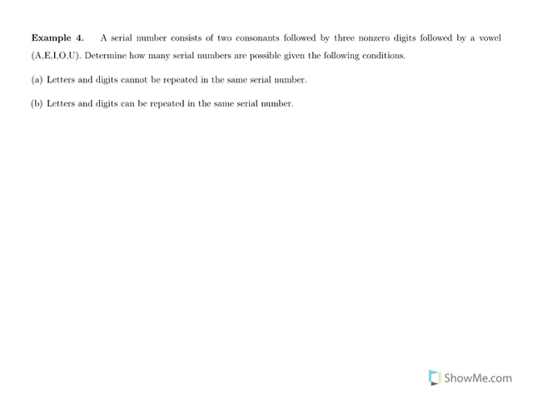So firstly, we're going to say that letters and digits cannot be repeated in the same serial number. So there are 6 different things that we need to look at. So let's make a little box for each of those. This is part A. We have a box for our 6-character serial number.